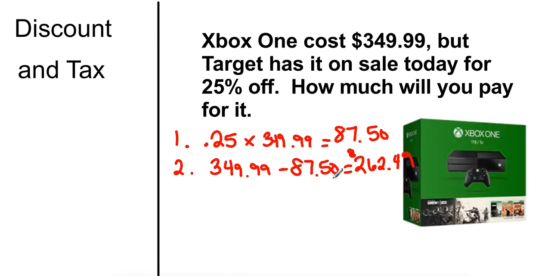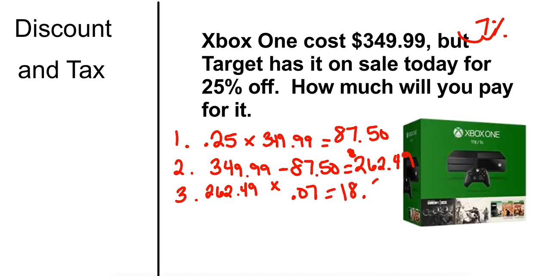That's a pretty good savings for this. However, I can't walk out of the store with that yet. Now I need to take my $262.49 times, again, we're going to use 7% as our tax. So we back it up, 0.07. And we get our tax to be $18.37.